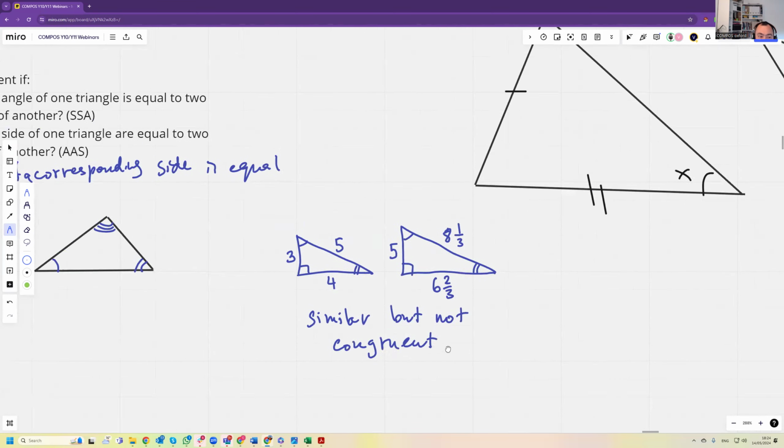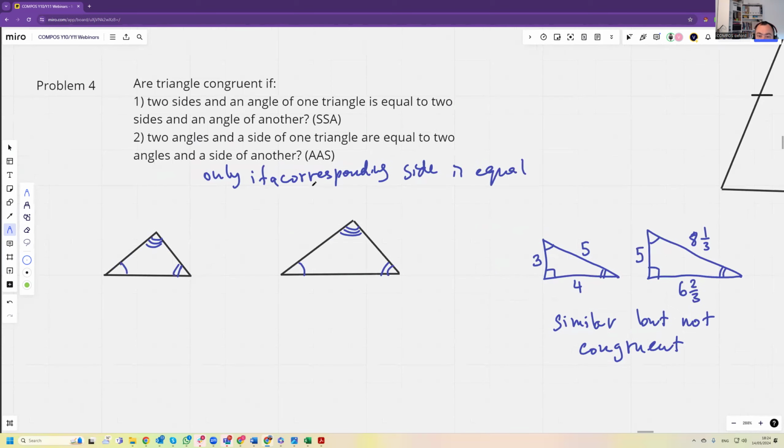Right? Only if the corresponding side is equal. If the corresponding side is equal, then yes, it works. So if this side is equal to this side, for example. Because two angles guarantee that the third angle is the same, and that means the triangles are similar, and if one side is equal to the other side, then they are equal.